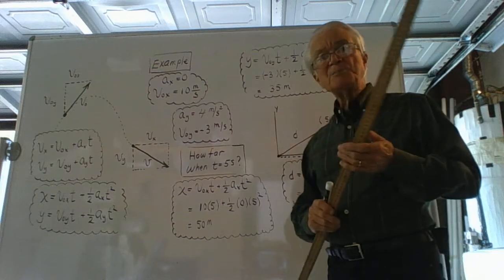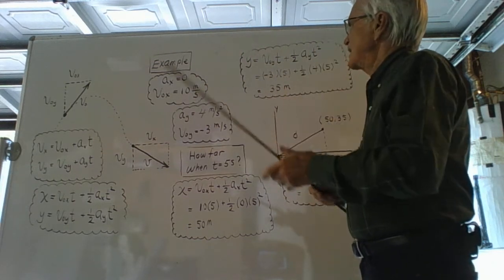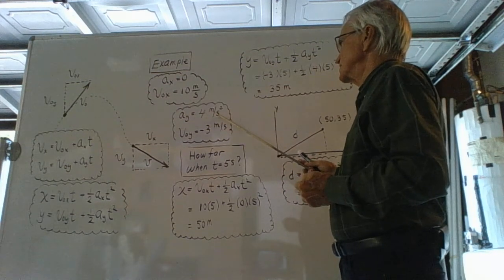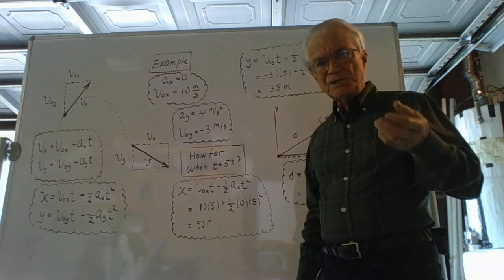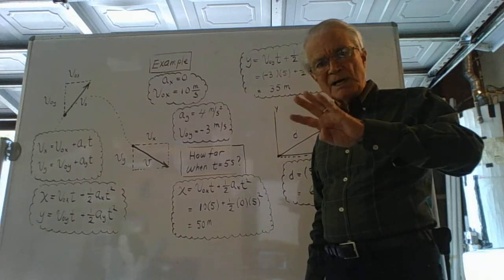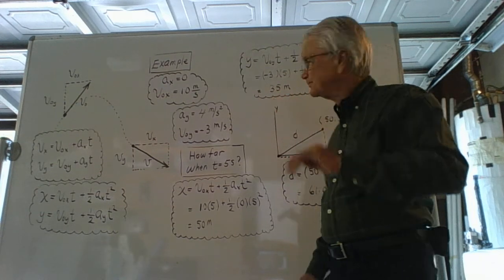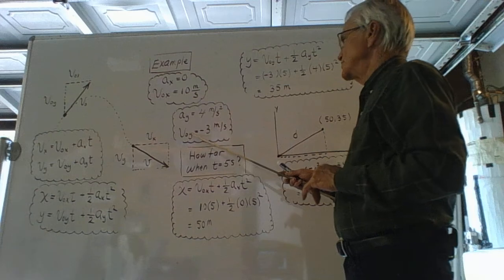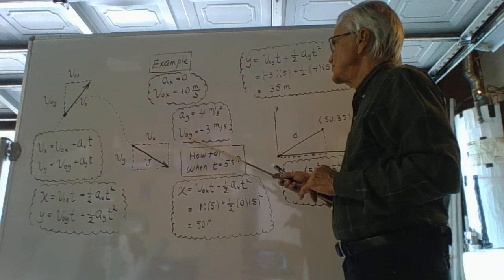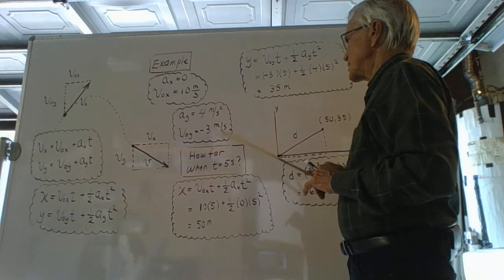As for the y part of the motion, the y acceleration is 4 meters per second squared. That means with each passing second, the y component of the velocity increases by 4 meters per second. Further, know that the y component of the initial velocity is negative 3 meters per second.